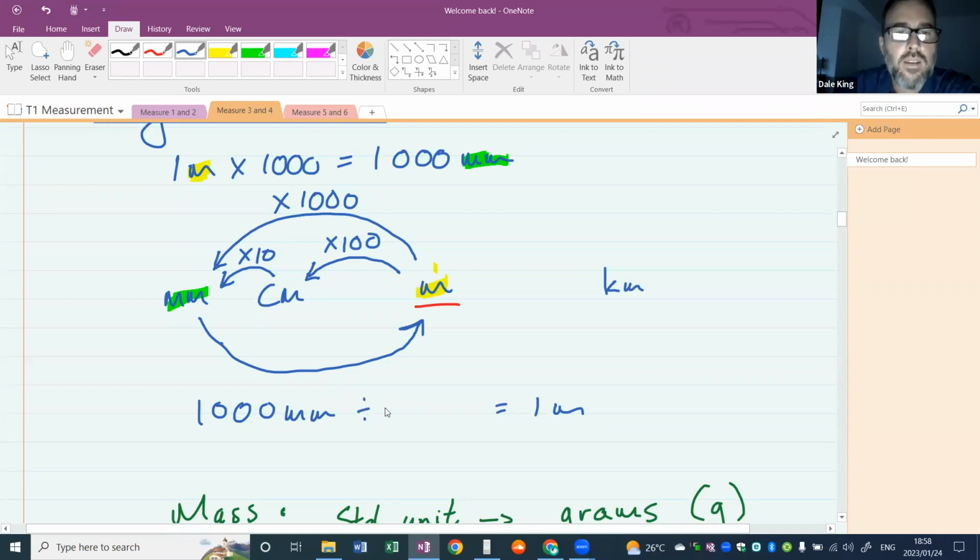I divide by 1,000. So when you're jumping from a small unit like millimeters to meters, you must divide, and it's divided by 1,000. Same as from millimeters to centimeters and centimeters to meters, you divide by 10 here, sorry, and you divide by 100 here.